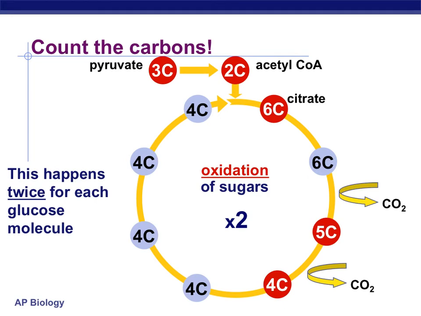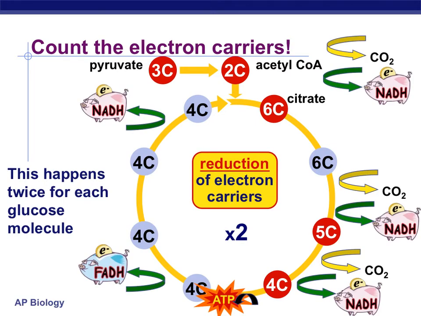And remember that this happens twice for every glucose molecule. So a 2-carbon sugar goes into the Krebs cycle, and it's taken apart completely, all the way down to carbon dioxide that we can kick out or breathe out. Glucose is fully oxidized. But where's the ATP? Every time the carbons are oxidized, an NAD plus is also being reduced.